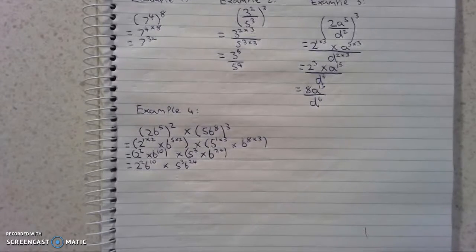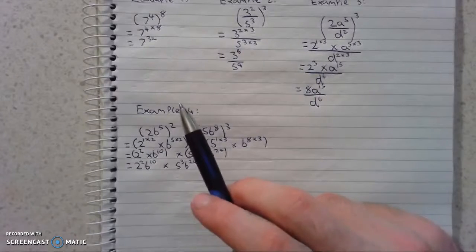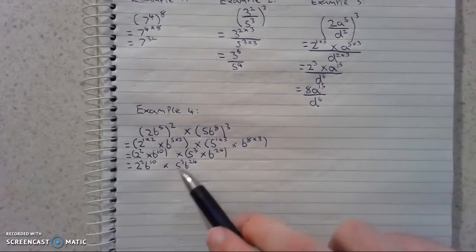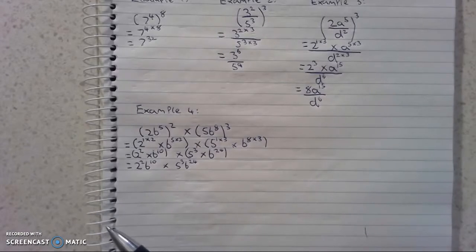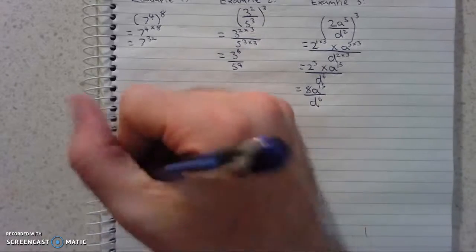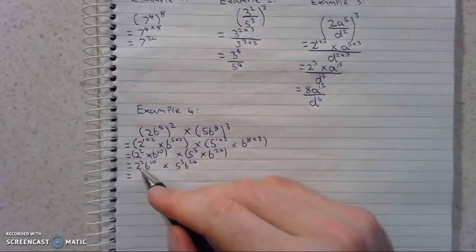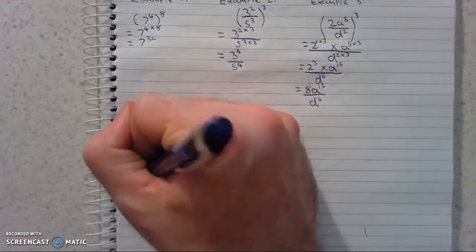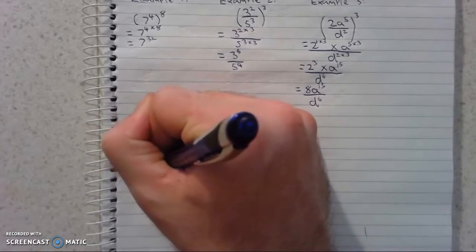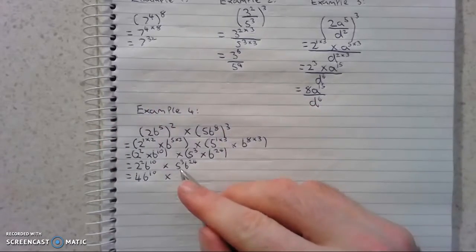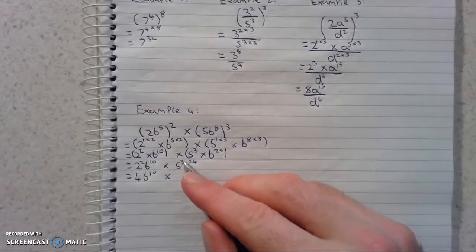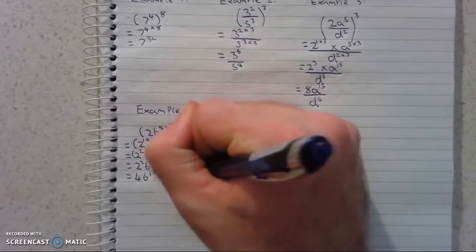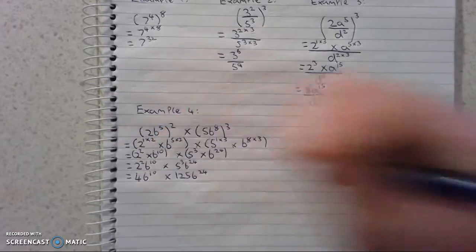What we need to do first is work out the value of our coefficients so we can multiply them together. So that coefficient here, 2 to the power of 2, we know is 4. So it would be 4b to the power of 10 times 5 to the power of 3, 5 times 5 times 5, which is 125b to the power of 20.